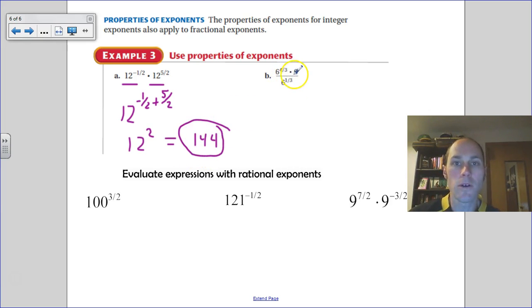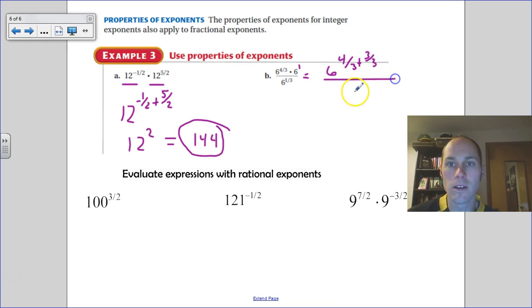Next one, I have 6 to the 4 thirds times 6, which is really to the first power, over 6 to the 1 third. So we multiply on top, same base, we add those exponents. So we have 6 to the 4 thirds plus 1, which is 3 thirds, all over 6 to the 1 third.